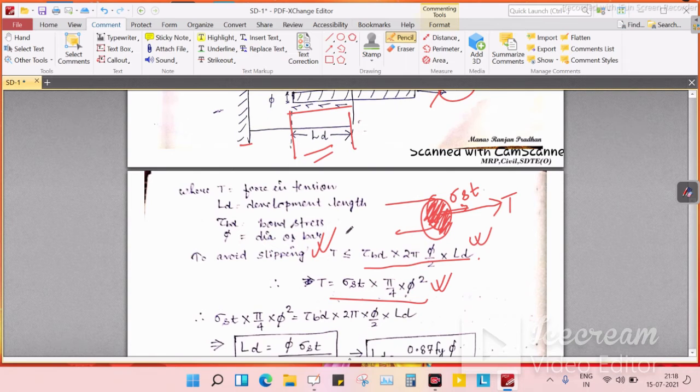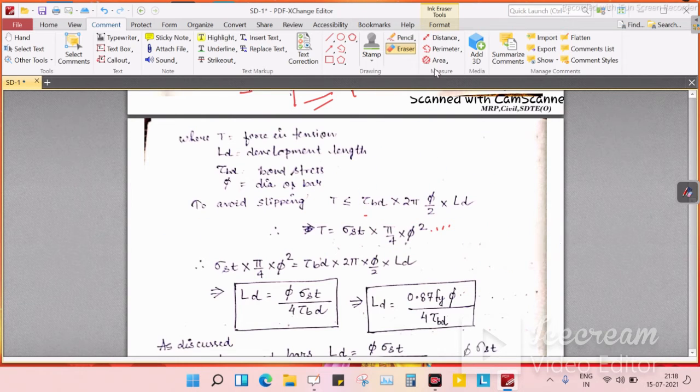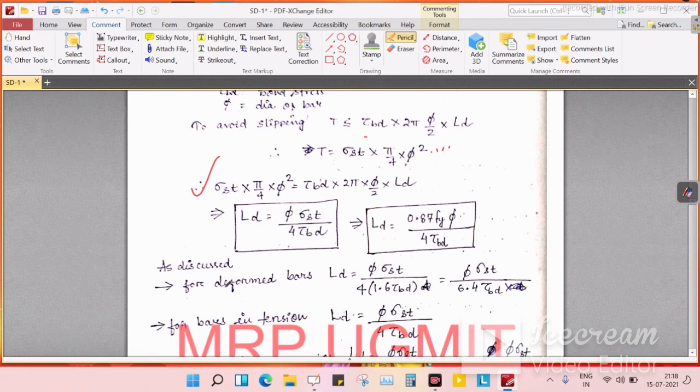Okay, so these two values are same, as both represent our T. So sigma st into pi by 4 phi square is equal to tau BD into 2 pi phi by 2 into LD. So from this we will get development length LD equal to phi into sigma st divided by 4 tau BD.